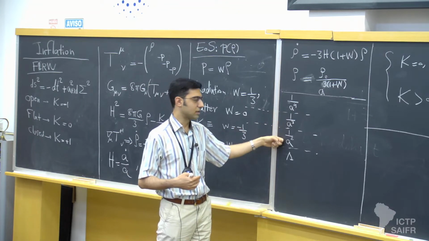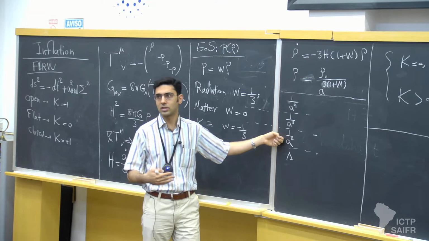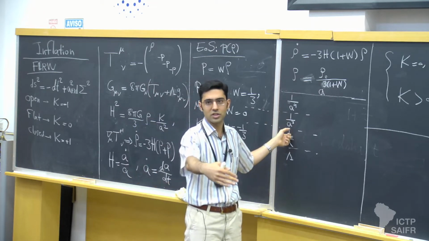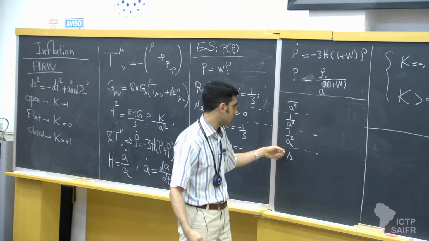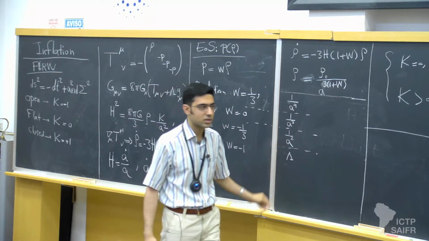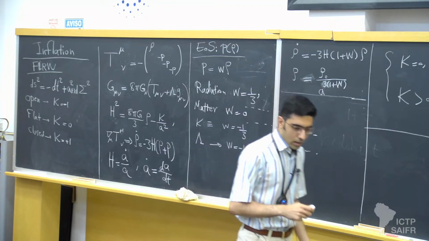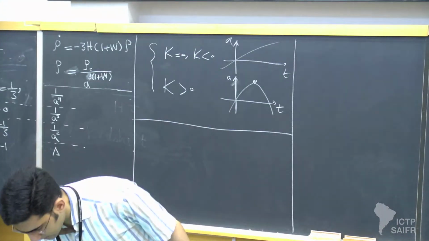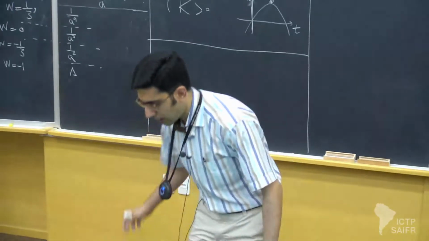And then curvature dilutes even slower, so if there was curvature, it would dominate later, and then we have lambda, which is constant in time. All right, so this is the general behavior of these components.